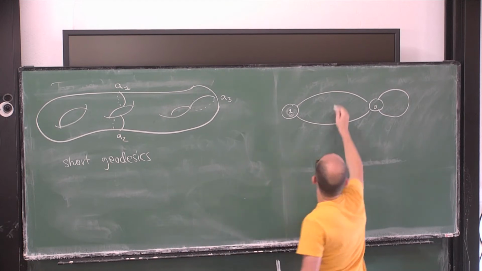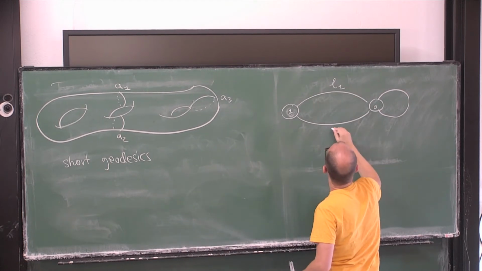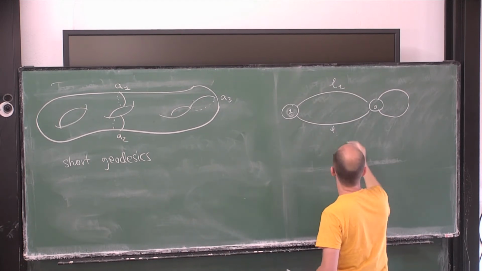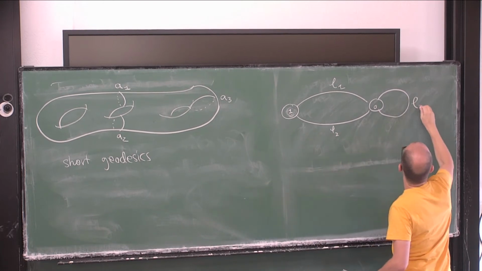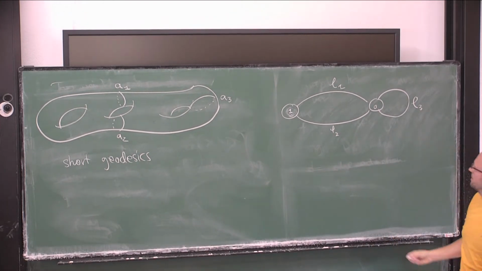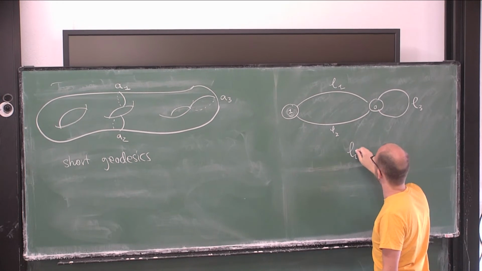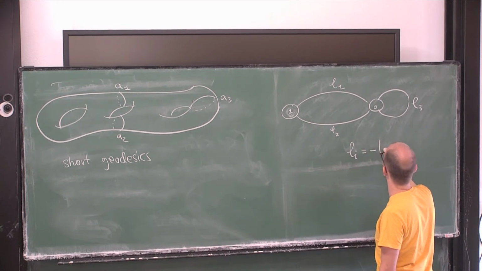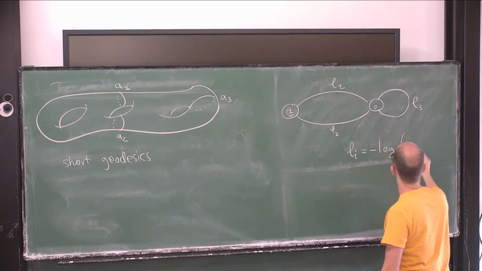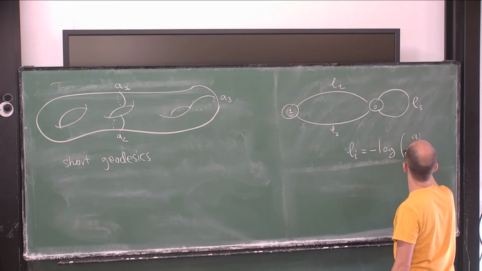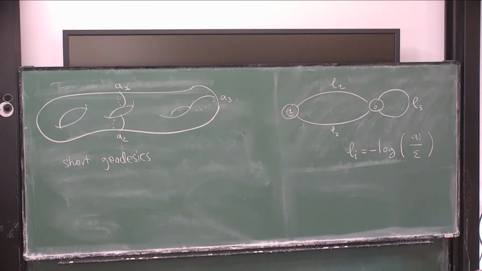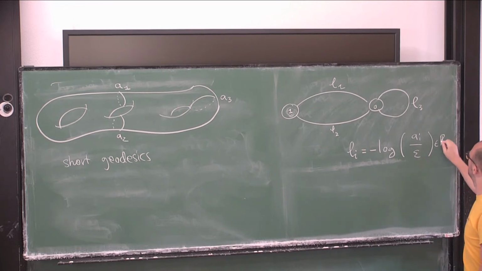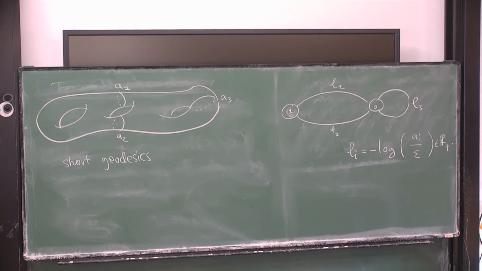And I want to assign lengths to these. I do that by the formula that l_i is minus the logarithm of a_i divided by epsilon. That's in R.